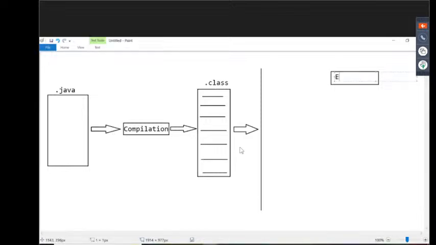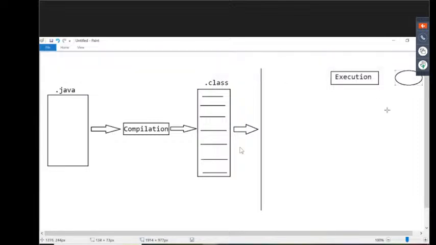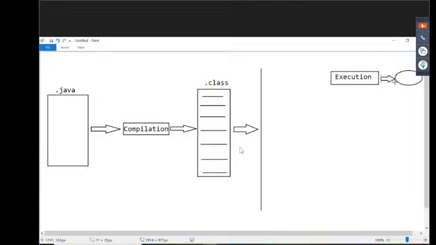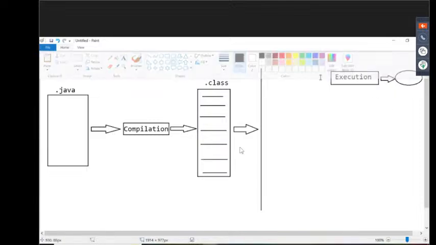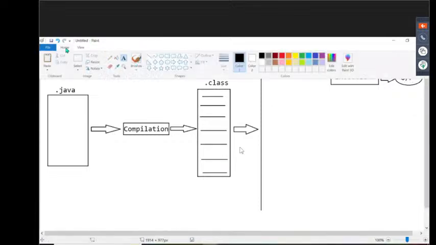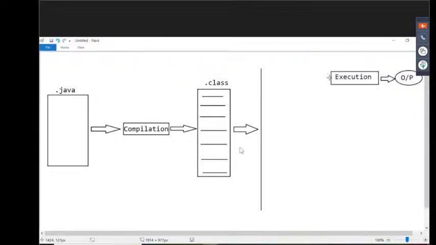This is execution. After this execution, here we are able to get some output. Here we are getting an operating system.